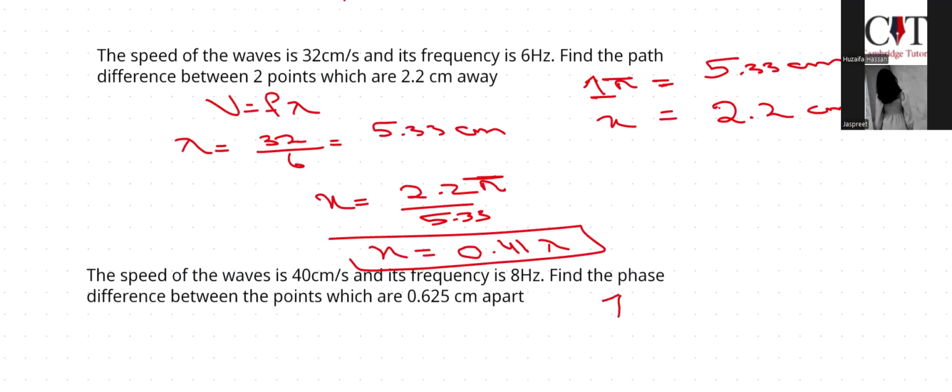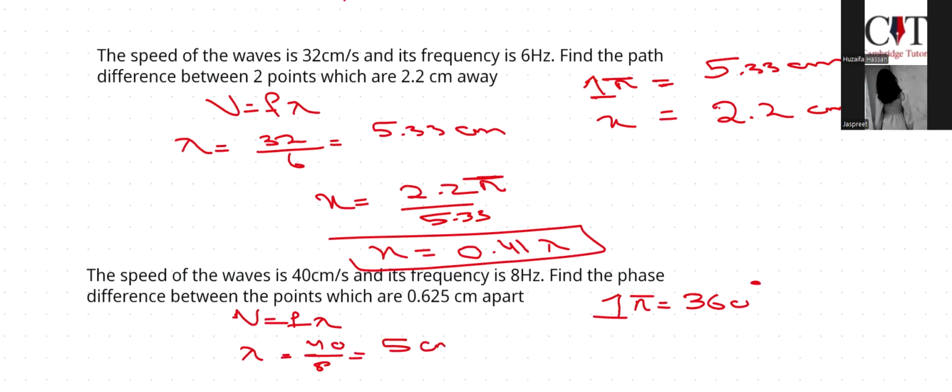So I can say that 1 lambda is equal to 360 degrees. We already know that. So first of all, calculate the lambda. V equals frequency into lambda, so your lambda becomes 40 over 8, 5 centimeters, right?